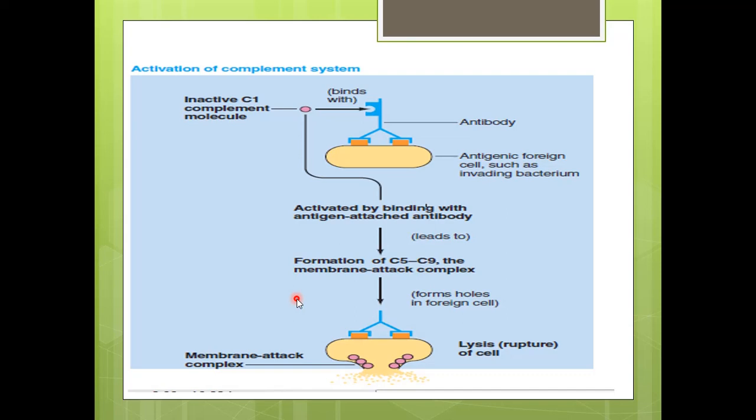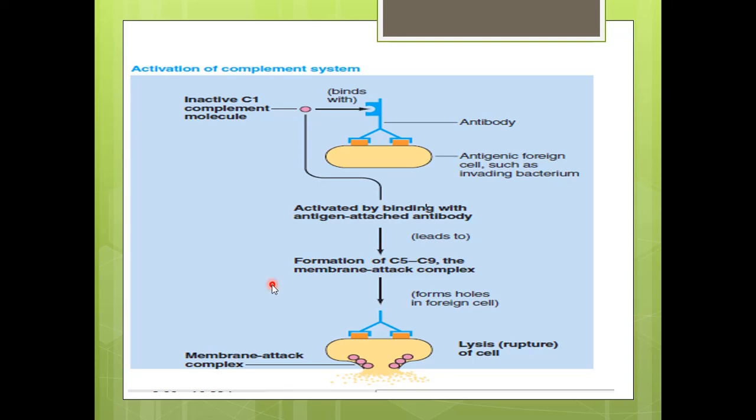So here we are going to sum up the functions of the antibodies. The antibodies can produce their actions as direct actions, or through activation of the complement system. The direct actions include agglutination and precipitation.